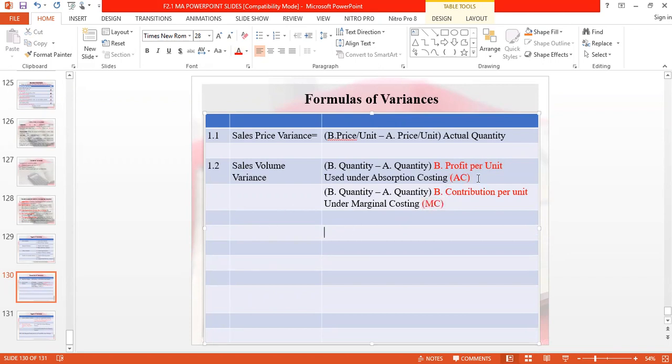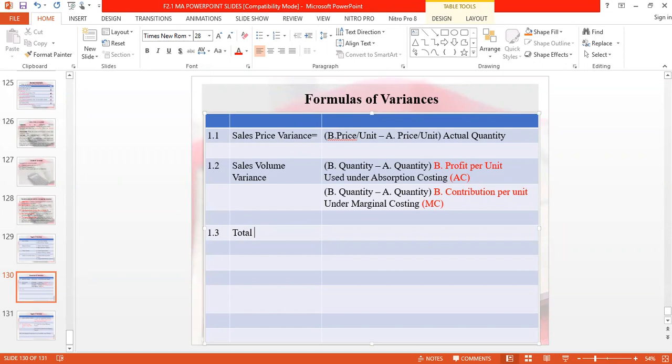If you have been asked under absorption costing, that is the formula you use. Number 3, 1.3, total sales variance.